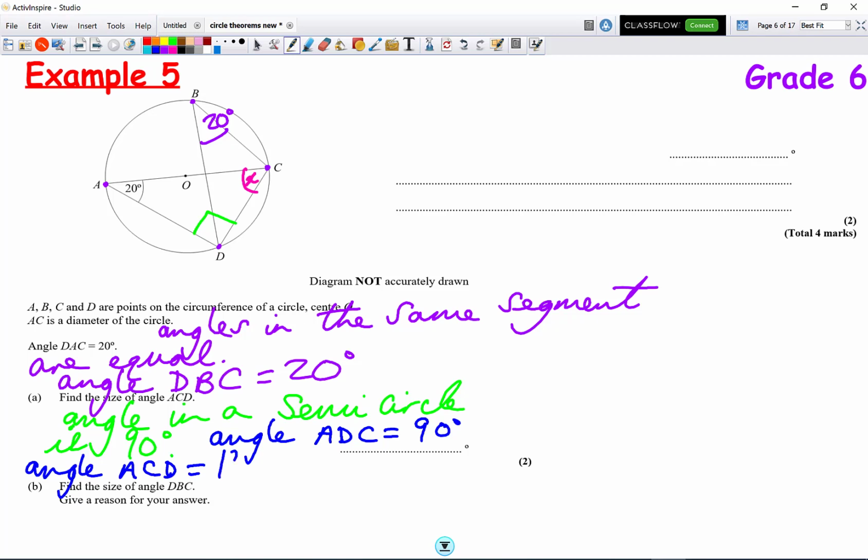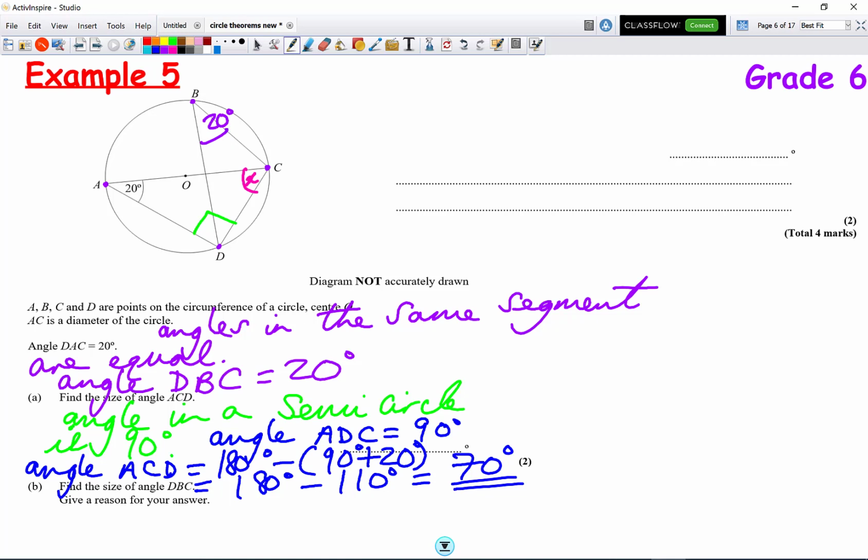That's just going to be 180 minus 90 plus 20 degrees, which is basically 180 minus 110 degrees, which is 70 degrees. And the last part says, find the size of angle DBC. Where is angle DBC? Well, we've already done that in our problem. It's the angle here, 20 degrees.